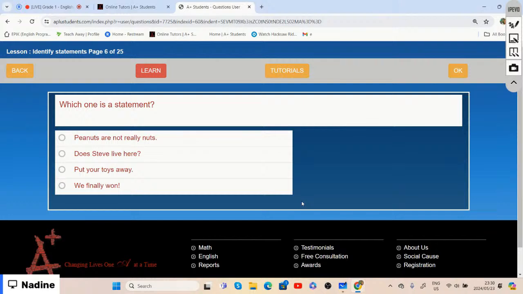So which one is a statement? Option one says peanuts are not really nuts. Option two says does Steve like Olivia? Put your toys away. We finally won. We would go with option one.